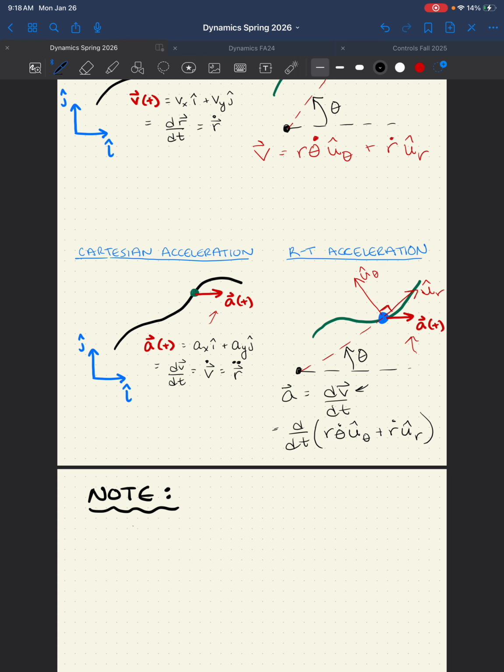And again, you're going to have now three things that depend on time and two things that depend on time. So you're going to end up needing to do product rule kind of all over the place in this. And this derivation gets really, really gross really quickly.